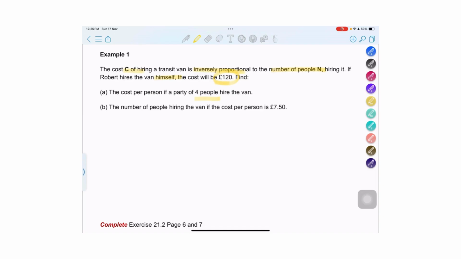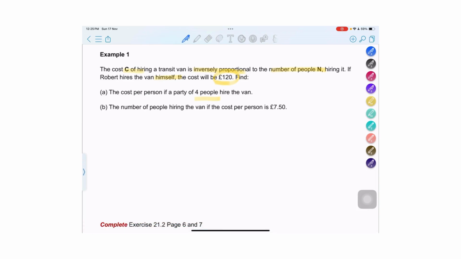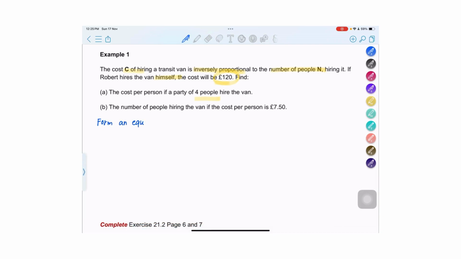Before we do part A, we need to form an equation for inverse proportion. Step 1: we write C, representing the cost of hiring the transit, is inversely proportional to 1 over n. In other words, in equation form, C equals k over n.